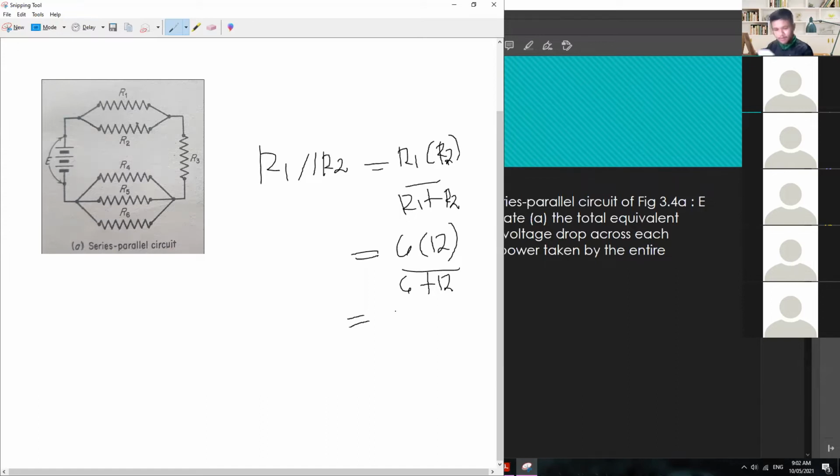Oh, paano naging 132 yan? 72 lang pala. Okay, my bad. So 72 divided by 6 plus 12 is equal to 18. Okay, so 72 divided by 18. So R1 in parallel with R2 is equal to 4 ohms. So ito yung equivalent resistance ng section na ito.